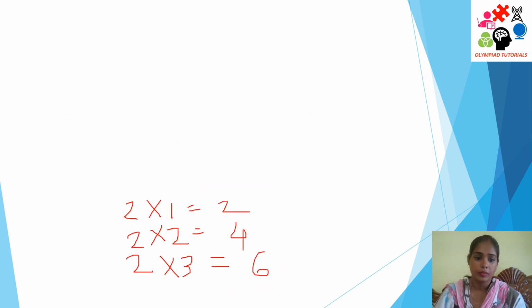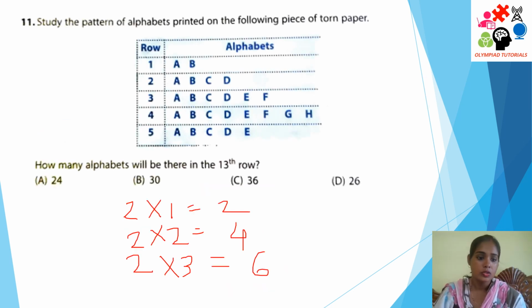Here in this you can see there is a pattern of alphabets printed, and this is from a piece of torn paper. There are going to be multiple rows, out of which 5 are visible here, but as the picture is a bit torn, even the fifth row is not very clear.